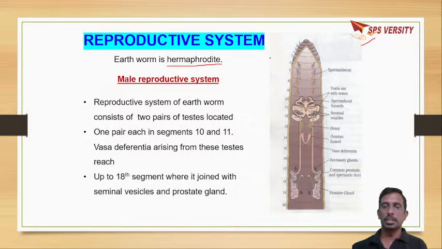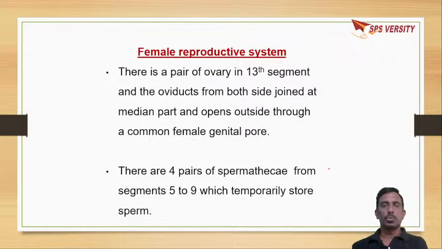From these testes, the vasa deferentia will arise and reach up to the 18th segment. In the 18th segment, they join with the prostate gland and the seminal vesicles.